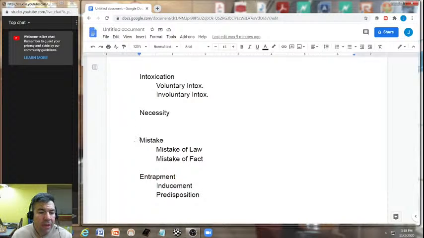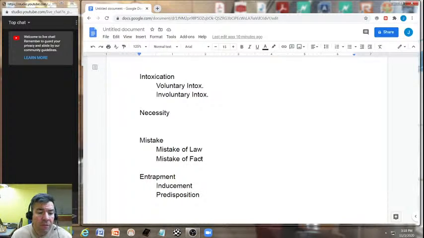Now, the mistake argument would go to defeating the mens rea. A mistake of law is no defense. Ignorance of the law, as it's been said, is absolutely no defense. So someone's ignorance of the law cannot provide them a defense. Mistake of fact, on the other hand, if it is a reasonable mistake, may provide them a defense.